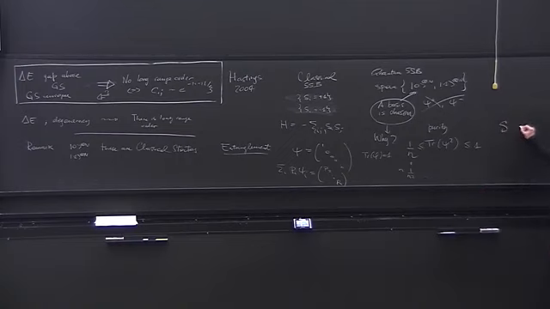So I will say the entropy is minus log of the trace of psi squared. And let me put a 2 here that I'll explain. Okay, so this is a way to measure how mixed my state is.